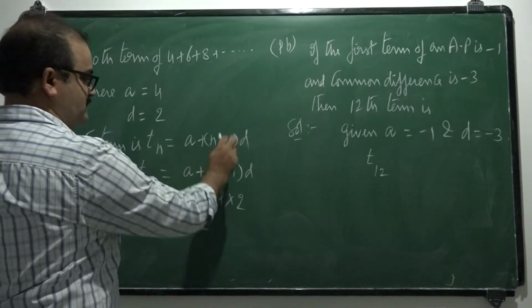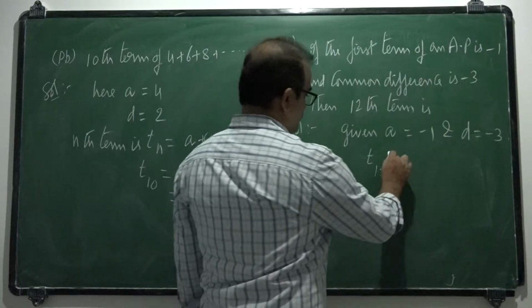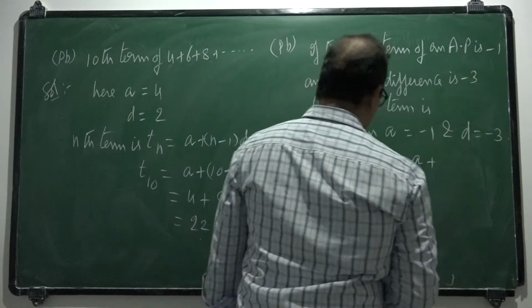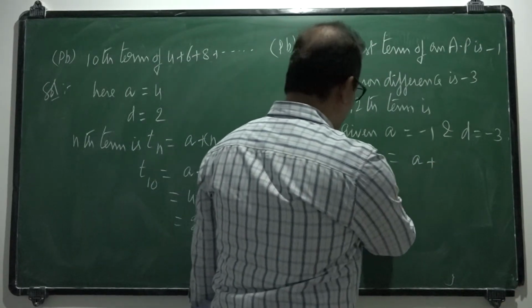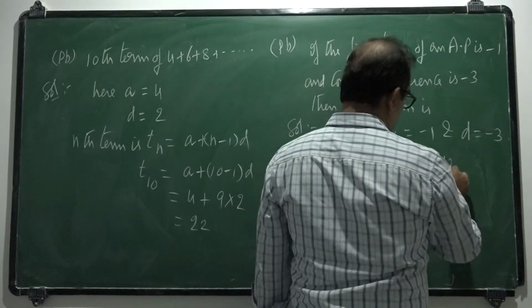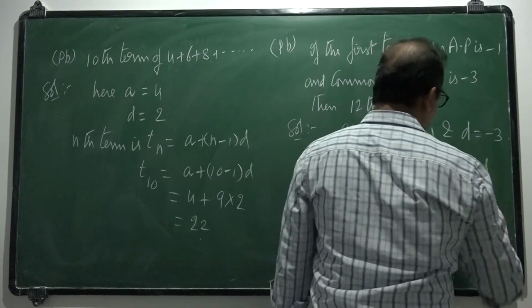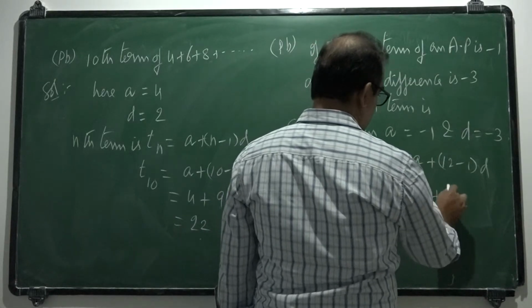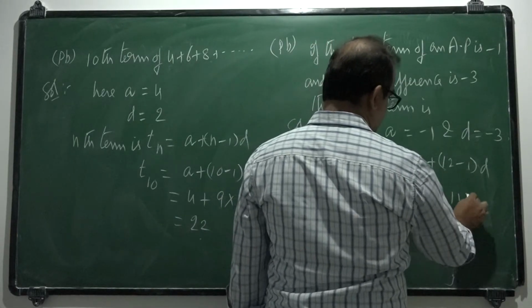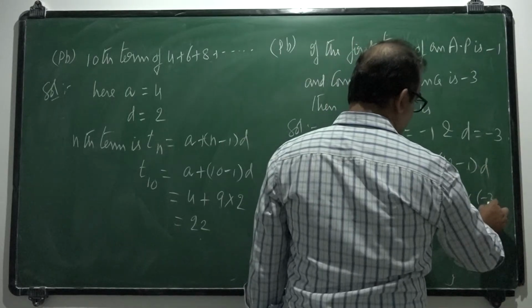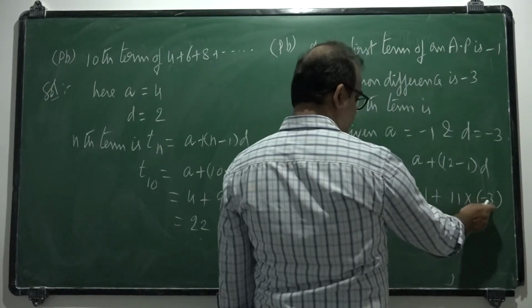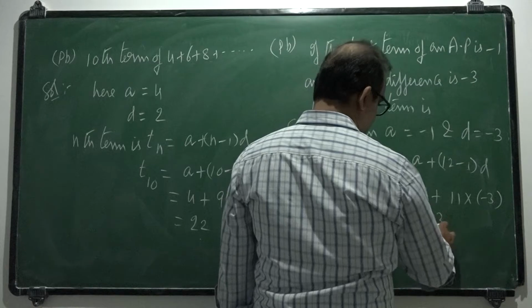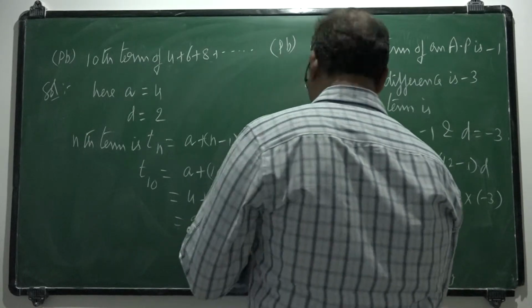A plus n minus 1 into D. What is the n value? n is 12. 12 minus 1 into D. A is -1, 12 minus 1 is 11, into D, which is -3. That is -33, minus 1, so -34.